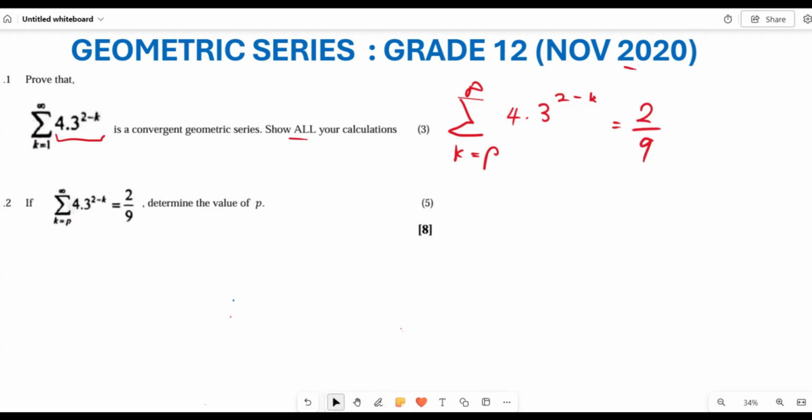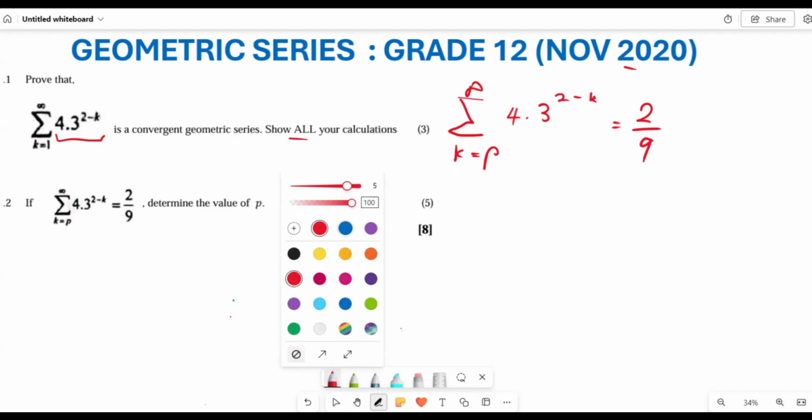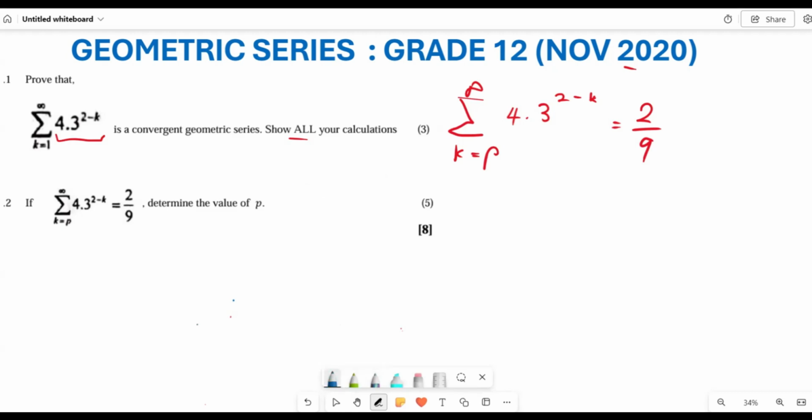Once again, I want us to interpret the sum in this particular sum, right? From here, isn't it that this symbol symbolizes the sum? So here they are saying the sum to infinity is equal to 2 over 9, right? Because remember, this is the same as Tn being equal to Sn.